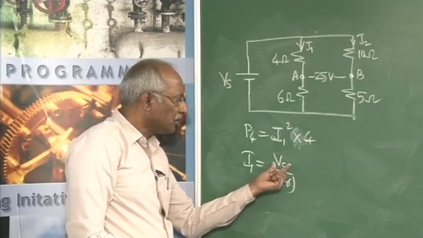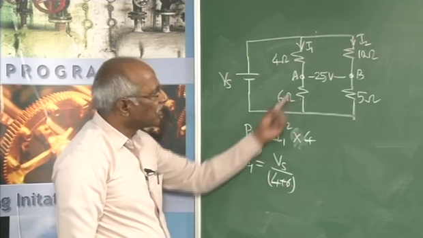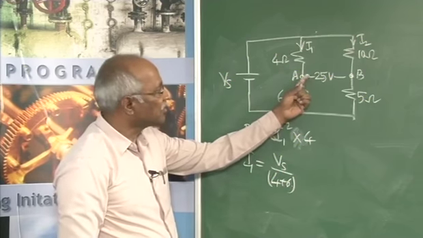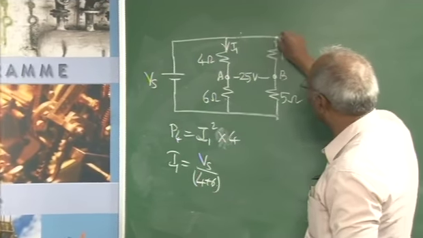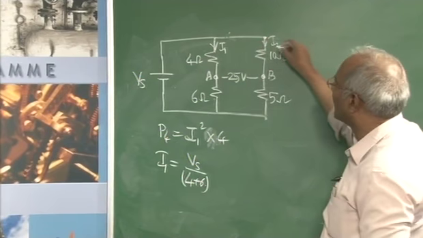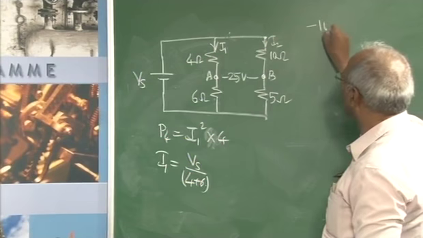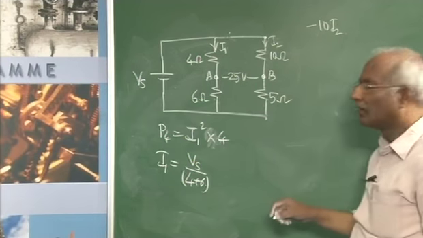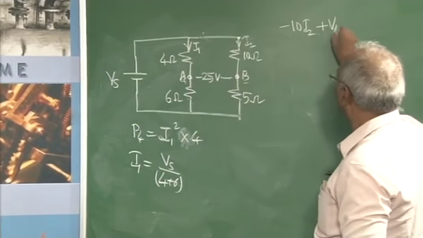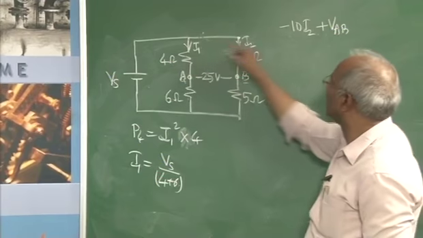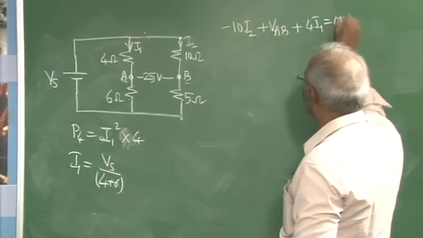If I know the source voltage, I can find out I1. Now, in that respect, you can go for this equation or this loop. When I consider this loop, starting from here, you can go this way. As I go this way along the direction of the current, it is minus 10 I2, then plus VAB, and here it is plus 4 into I1 must be equal to 0.